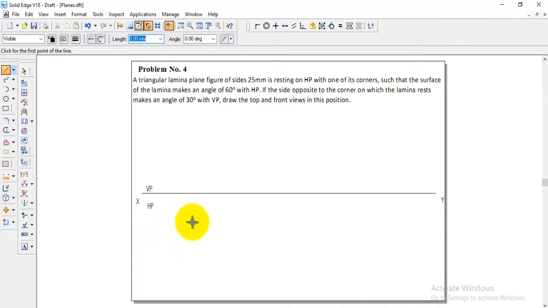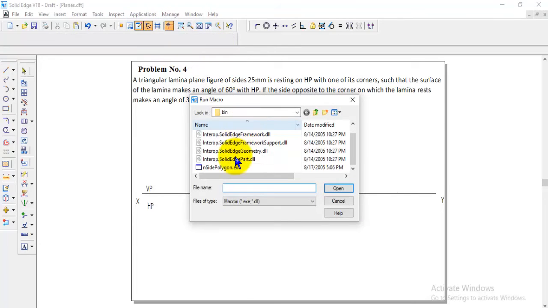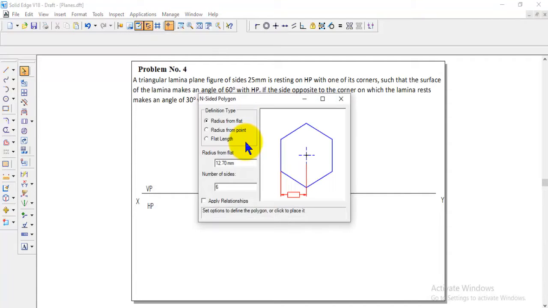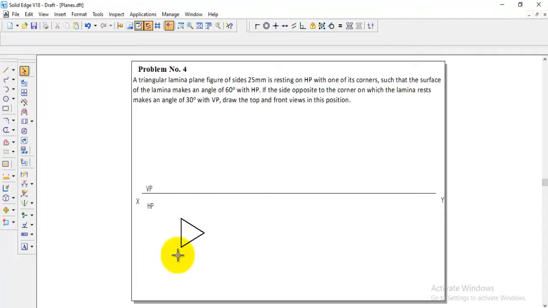To get the triangle, we have two techniques. Either we can go to Application, Macros, Run Macros, and in that we can take Inside Polygon, open it, and the side length they give is 25. So we can enter the side length 25 and the number of sides 3, and then click it on the HP.